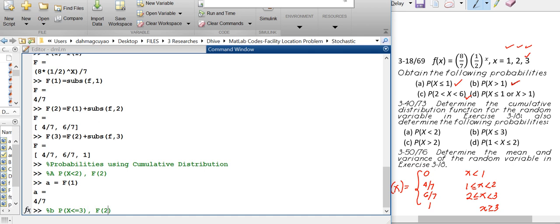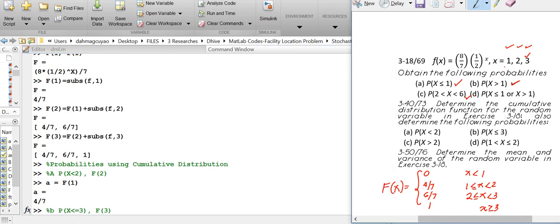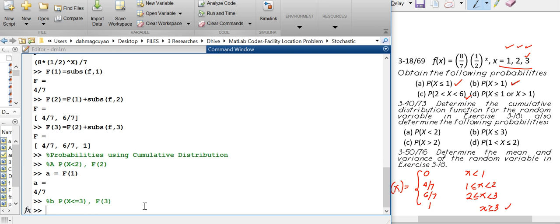So this is f of 3. By the way, less than or equal to 3 is all of these values, less than or equal to 3. So f of 3. So just to check, for letter B, we want f of 3, so this should be 1.